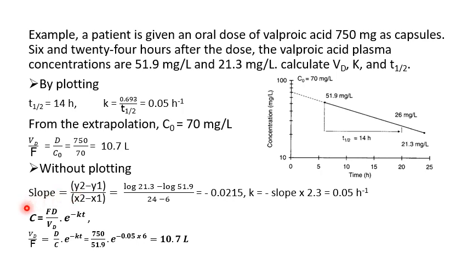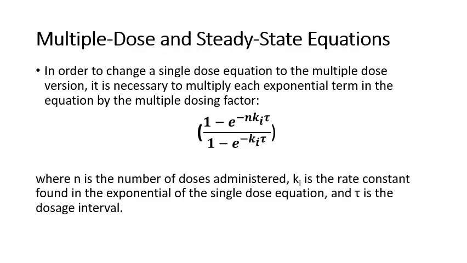Again, we can calculate the F value by finding the plasma concentration at any time. With rearrangement of this equation, dose over plasma concentration multiplied by time gives us a hybrid value of 10.7 liter.